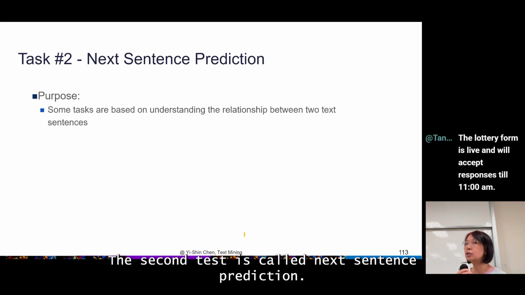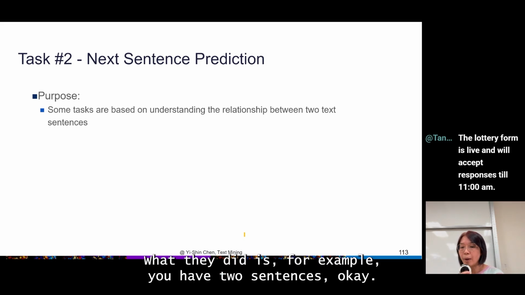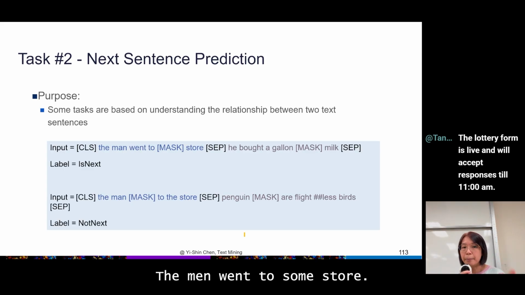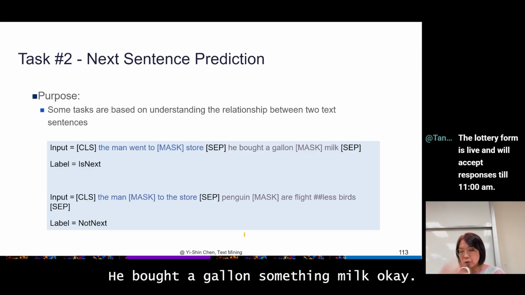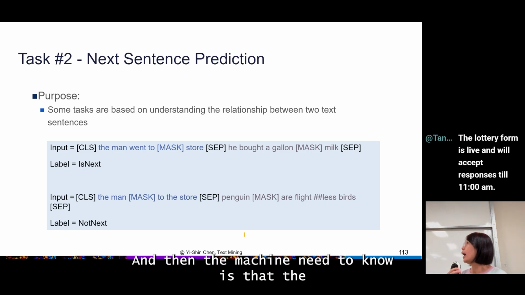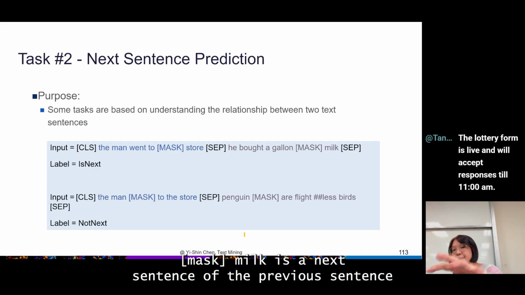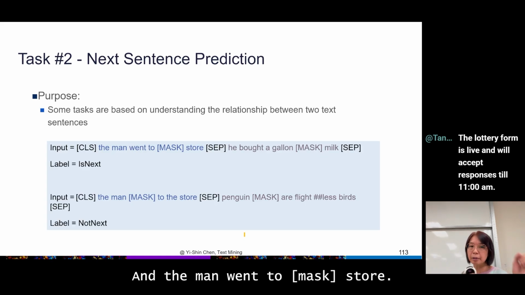The second task is called next sentence prediction. What they did is, for example, you have two sentences. The man went to some store. He bought a gallon of milk. And then the machine needs to know that the next sentence, he bought a gallon of masked milk, is the next sentence of the previous sentence, the man went to a masked store.